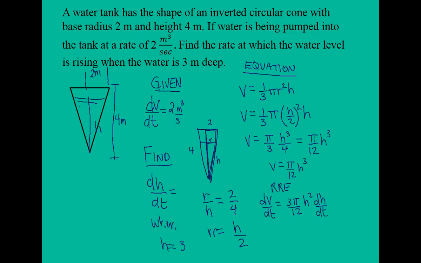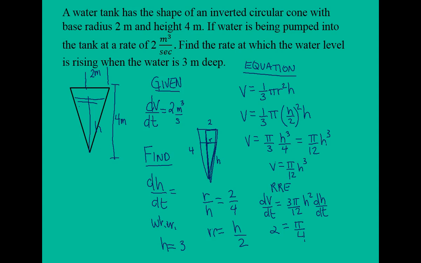If we would have solved for h in terms of r and replaced h, well, then we wouldn't have our dh/dt in the equation. That's why we solve for r in terms of h. Now, plugging back in the information that we have, dV/dt equals 2, and reducing this by a factor of 3, we'd have pi over 4.